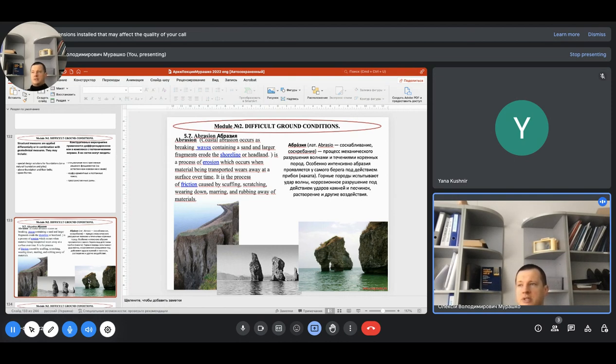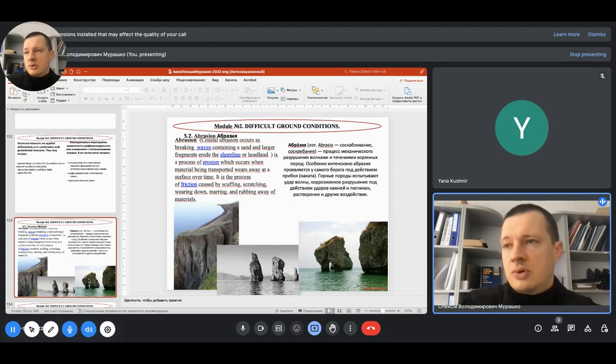We have seen a big amount of abrasion impacts this weekend because of the storm that we have seen on our Black Sea. And this storm led to a destruction of some seaside structural elements.